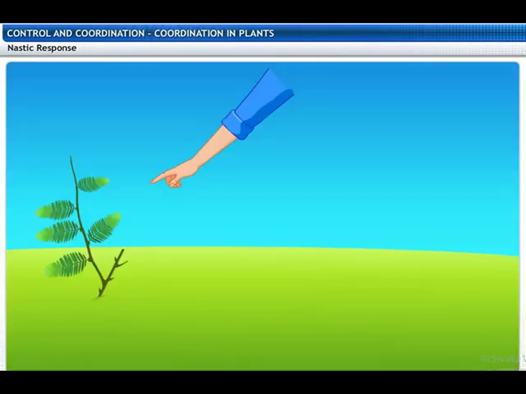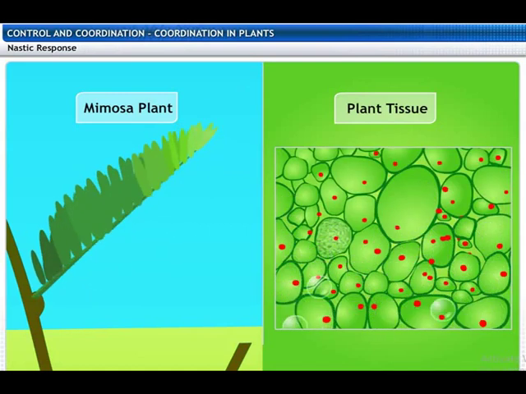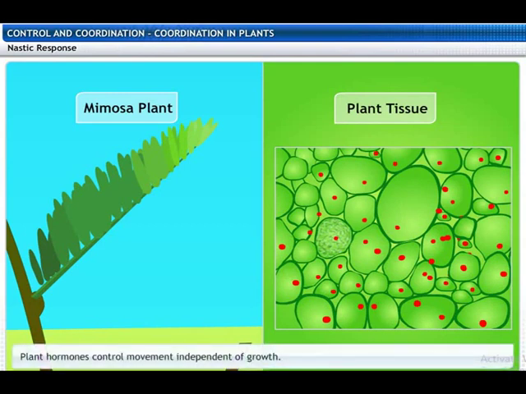That is why the point where a plant has been touched differs from the part that actually moves. Here is an example of the mimosa plant where chemicals and movement of water in plant cells control the movement of leaves. This movement is independent of growth.